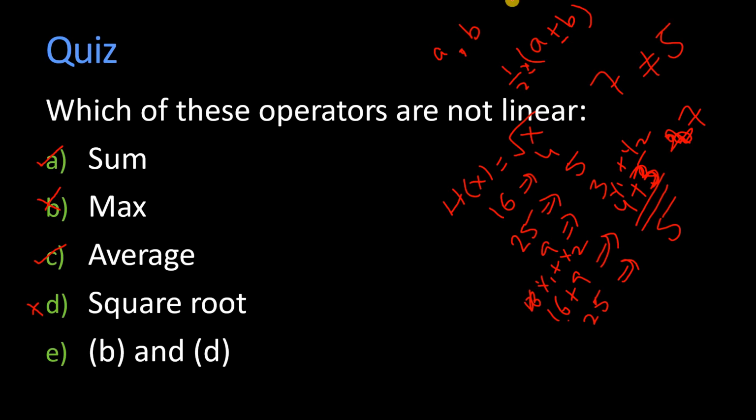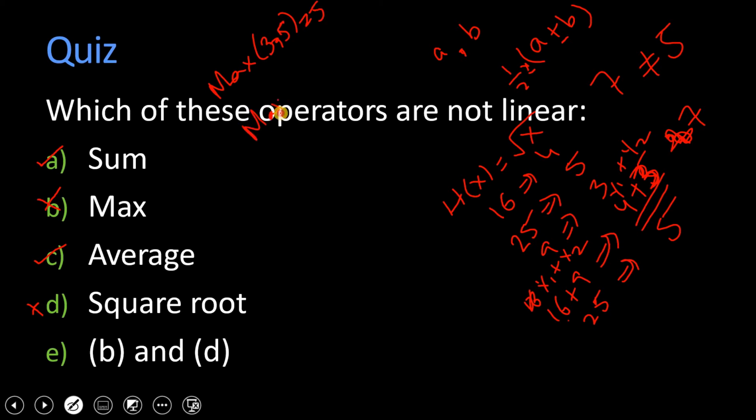Same is the case with max, you can find out max is not linear, because max is a function that depends on the input values. For example, max of two inputs 3 and 5 is 5. But next time if you change the input, max will change. Max of 12 and 5 this time is 12.